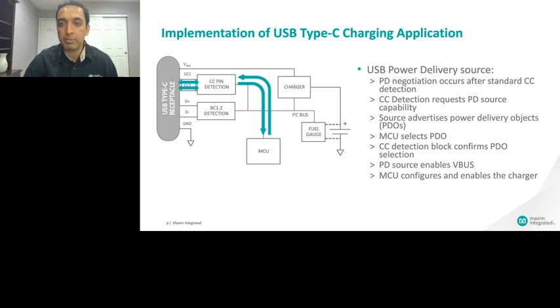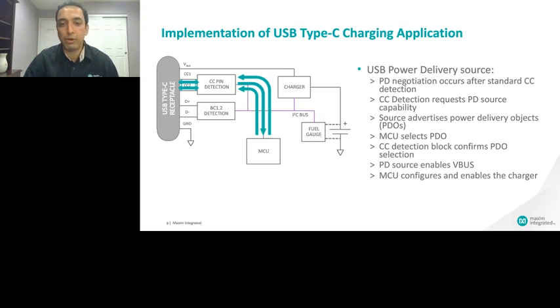These power delivery capabilities are known as power delivery objects. So typically, the source is going to send a list of power delivery objects back to the CC pin detection block. The MCU then reads from the CC detection block and looks at what that list looks like.